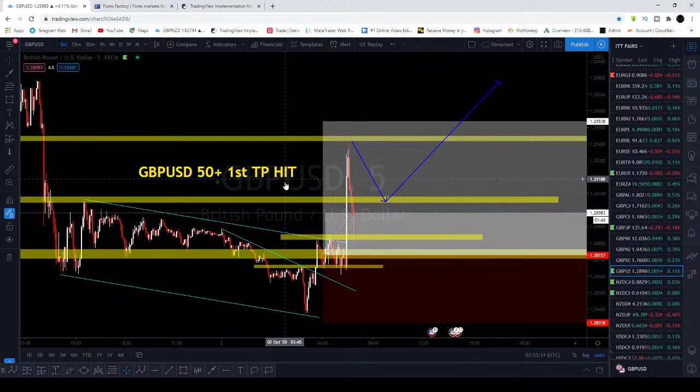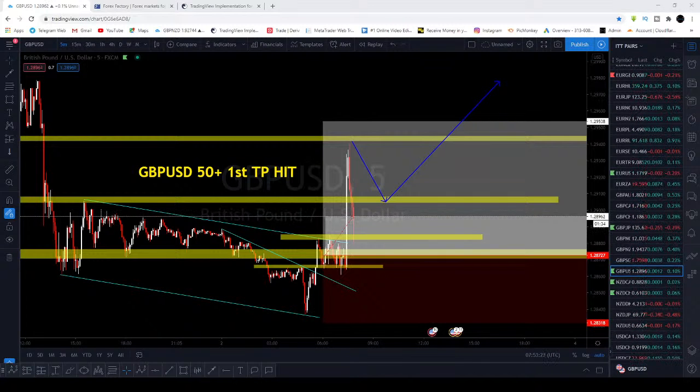You'll be able to know exactly what's going on. Come on, GU, what's going on, man? Manipulation going on. Let's see if they will continue shooting down to the downside or it will shoot up again.